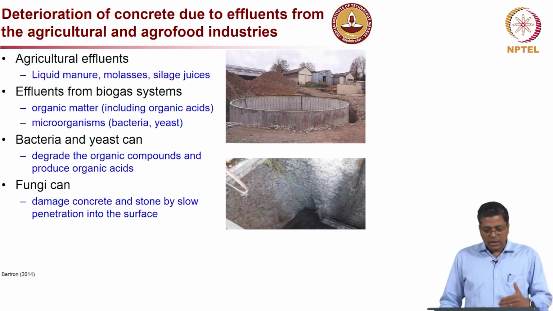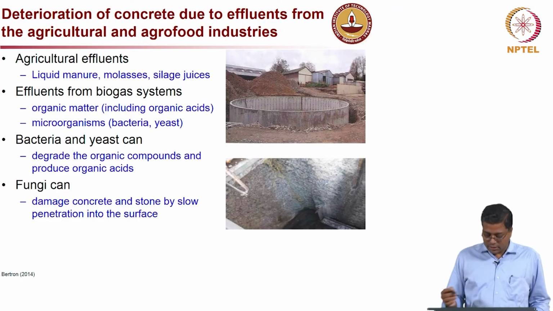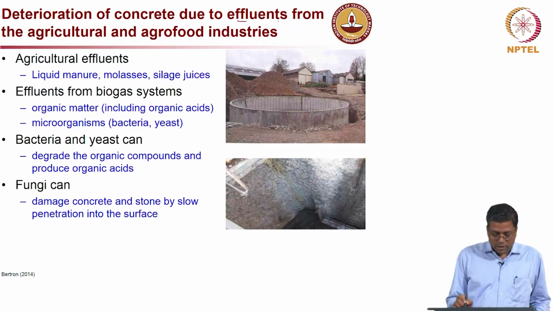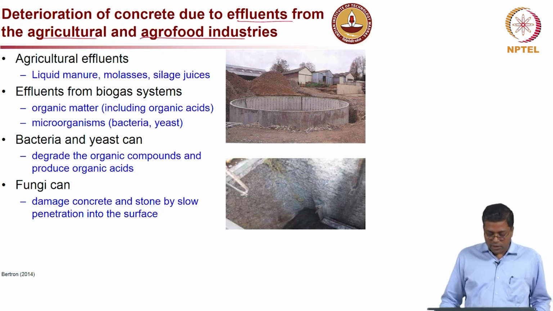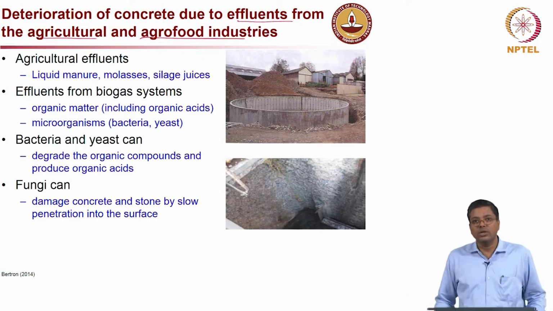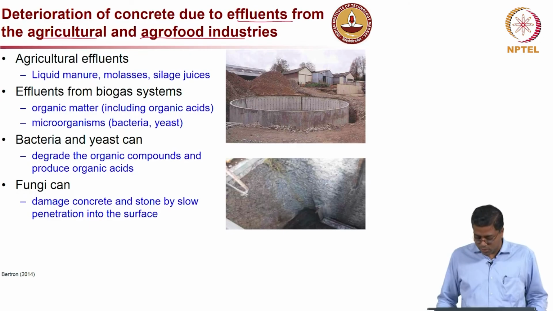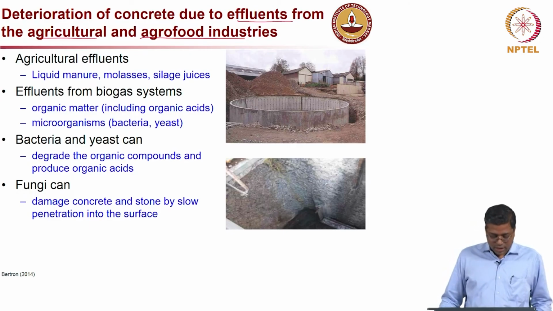Other examples where similar acid attack is observed are effluents from the agriculture and agro food industries, where the effluents might have a significant amount of acids, and the concrete structures nearby get exposed to these acids.